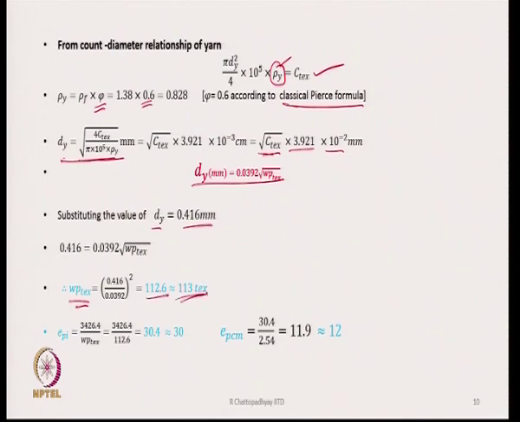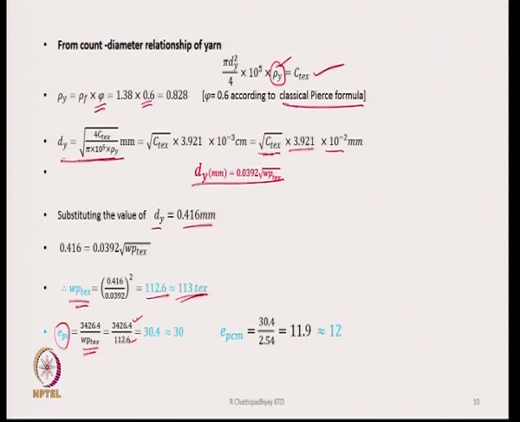So, we can choose a value either 112 or 113, that is going to be the yarn count. And if this is the yarn count, then the ends per inch is going to be 3426 divided by the count of the warp yarn.